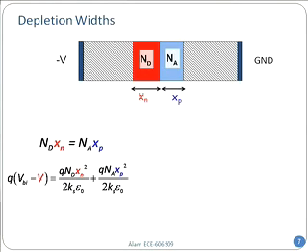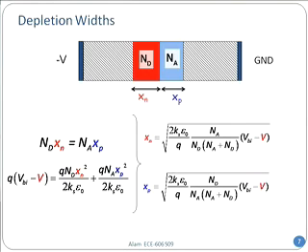Okay, but you have these two relationships, and as I mentioned, you can solve this problem for Xn and Xp, and that will give you expressions where instead of VBI, you will have VBI minus V. Now, if you have a forward bias, will Xn and Xp be smaller or larger, do you think?